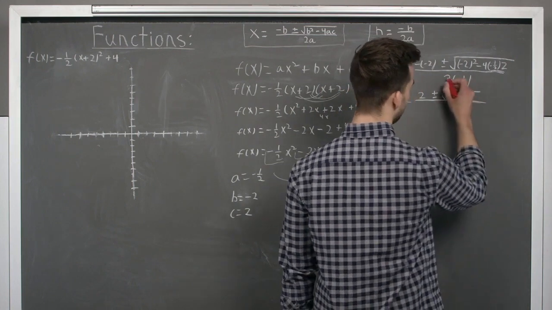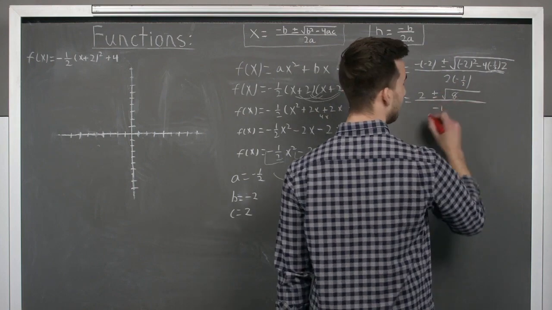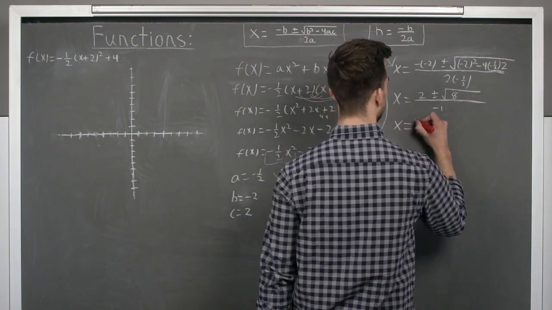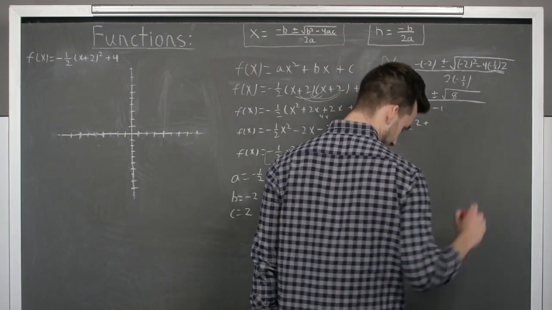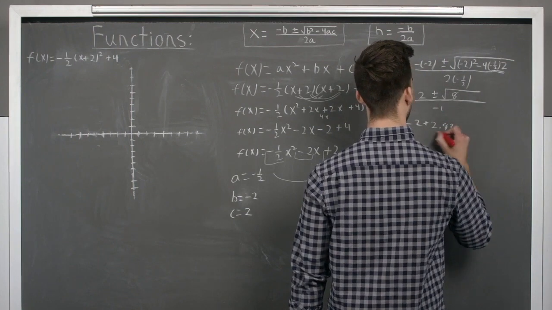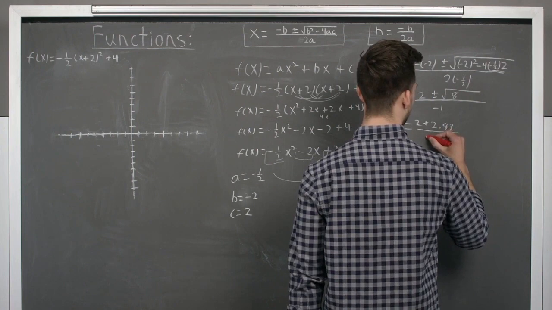So don't forget the bottom here. 2 times -1/2 is -1. Let's split this into plus and minus. So x is equal to 2 plus 2.83, and then we have a -1 here.